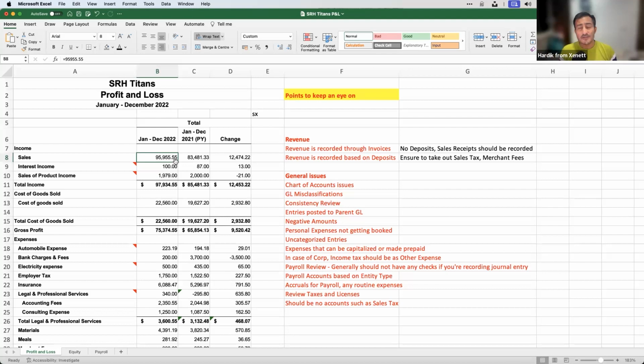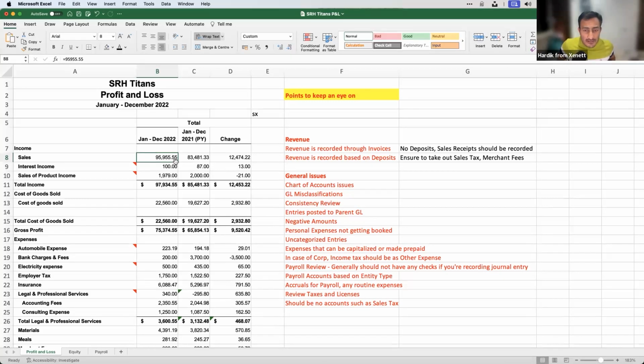Another way we have seen revenue being recorded is directly from the bank deposits. So we have seen that the Stripe deposits or the Shopify deposits or Amazon deposits are directly booked as revenue. Now, if that is how the revenue is being recorded, we keep an eye on two things, because whenever these kinds of deposits are recorded to sales directly, most likely the sales are going to be underrated, or overrated in some cases.